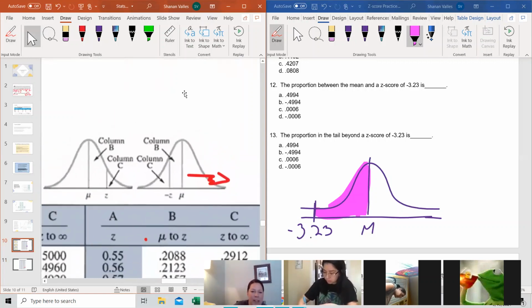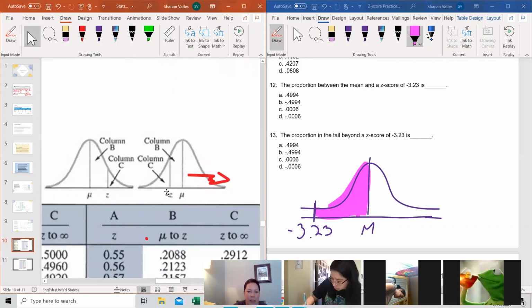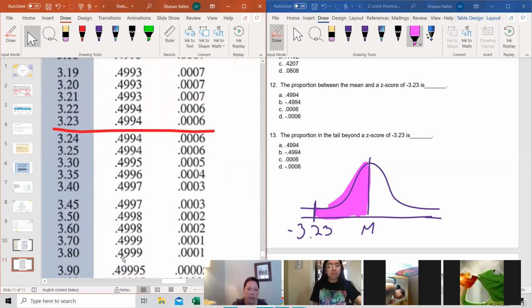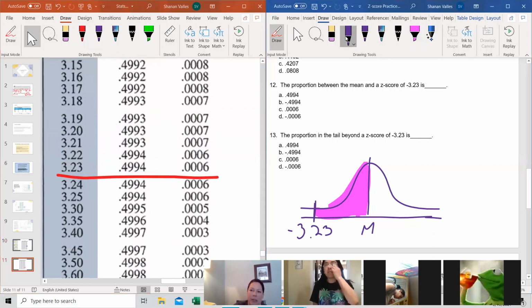Do you see that right there? Yes. So it tells us a negative z to the mean. Now this little sliver obviously is smaller than ours, but it doesn't matter. So we're looking at B column, and B column for 3.23 is 4994, right? Yes.